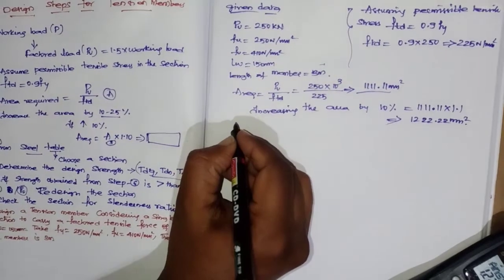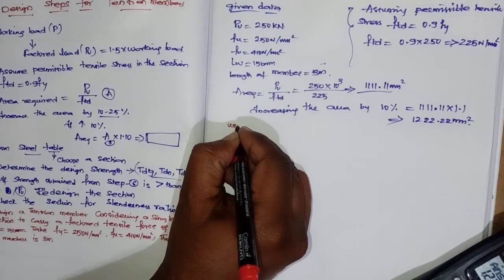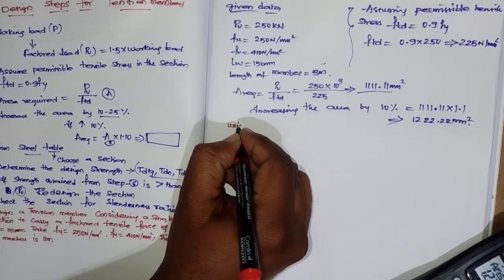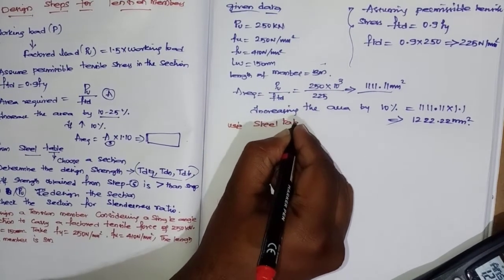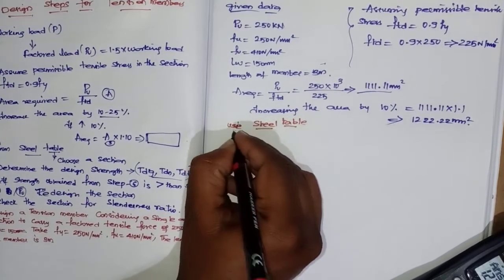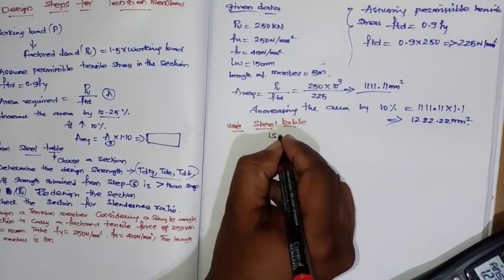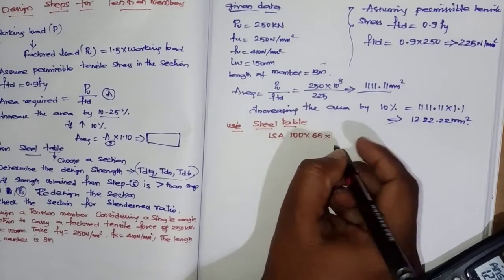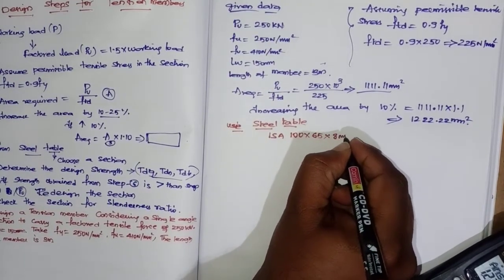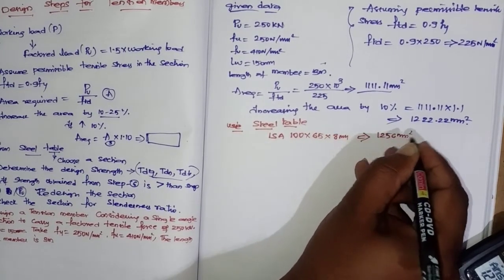So here I am choosing, using the steel table, the section ISA 100 by 65 by 8 mm with an area of 1256 mm square.